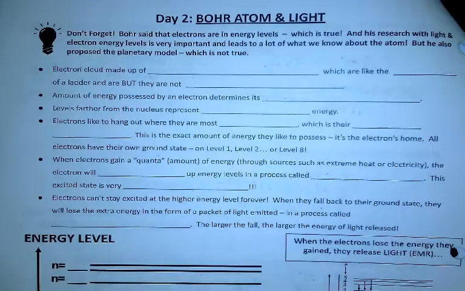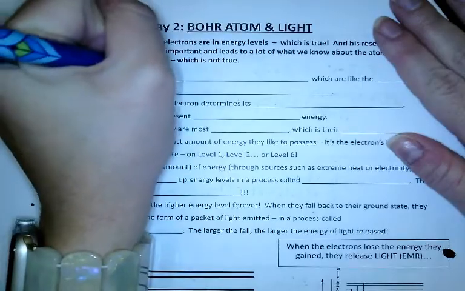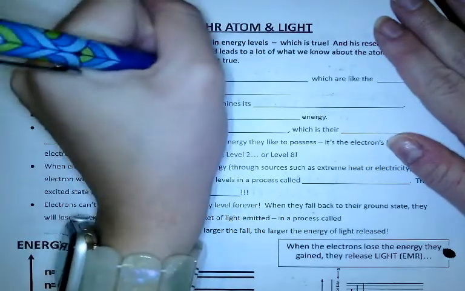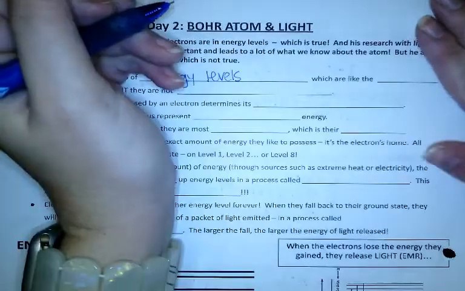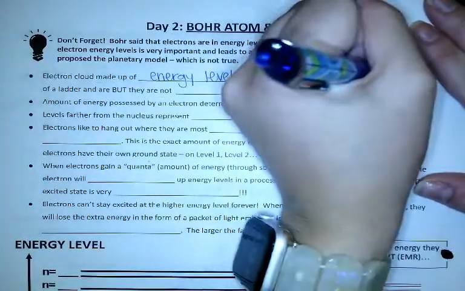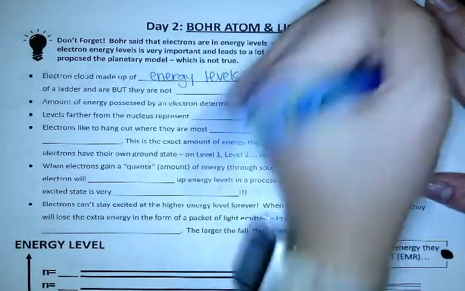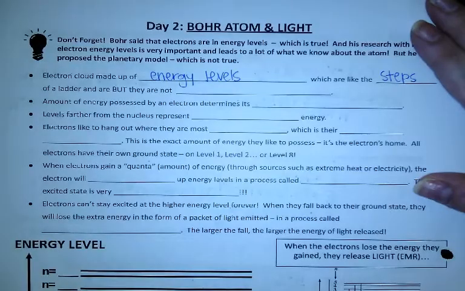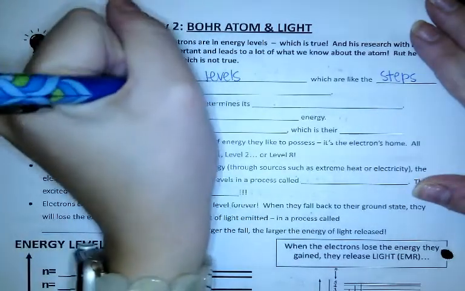Now, his research with light and electron energy levels is very important, and it kind of helps us, again, describe what the electron configurations look like. Now, the electron cloud is made up of energy levels, which are like the steps of a ladder, but they are not evenly spaced.